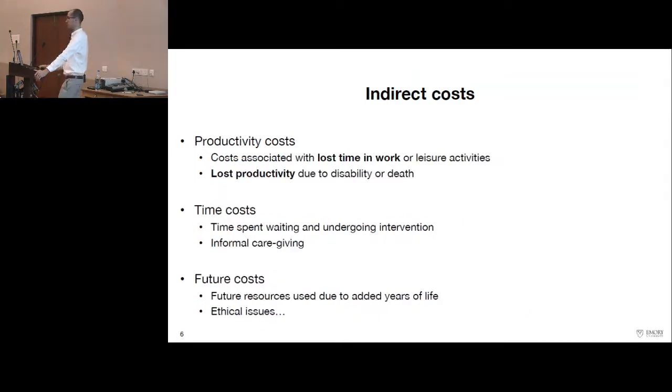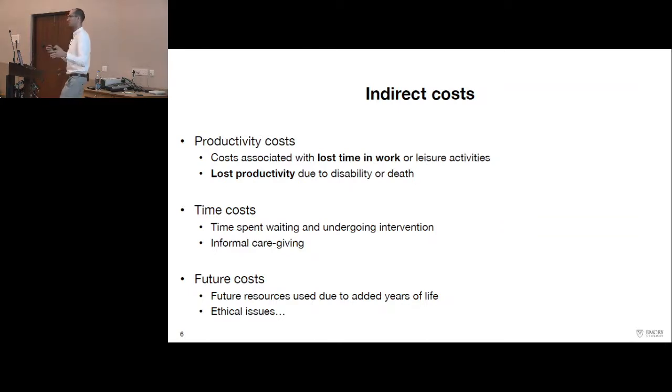Indirect costs would be productivity costs, costs associated with lost time in work, lost productivity due to disability that is caused by either the intervention itself or maybe disability that is prevented by the intervention.